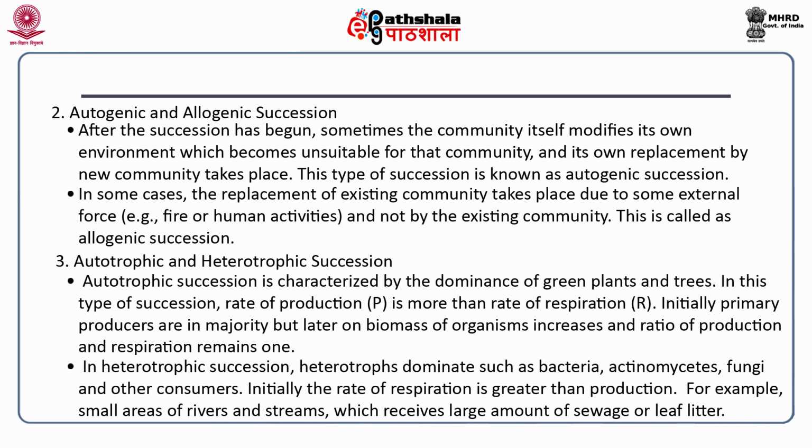In heterotrophic succession, heterotrophs dominate, such as bacteria, actinomycetes, fungi and other consumers. Initially, the rate of respiration is greater than the rate of production. For example, small areas of rivers and streams which receive a large amount of sewage or leaf litter.